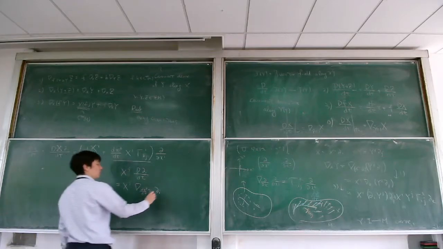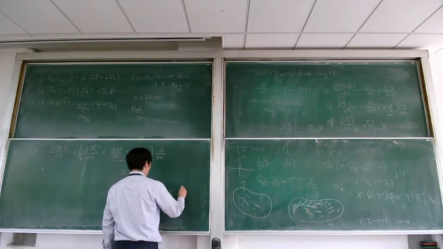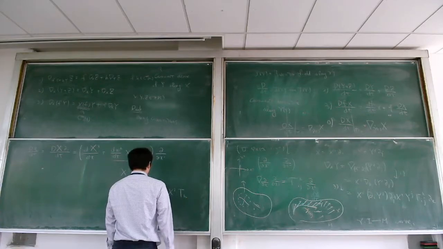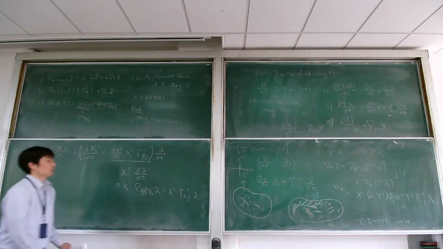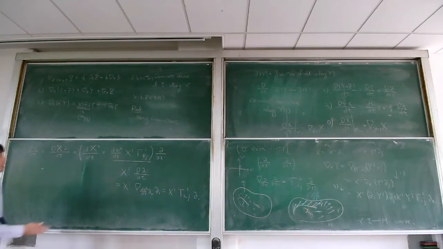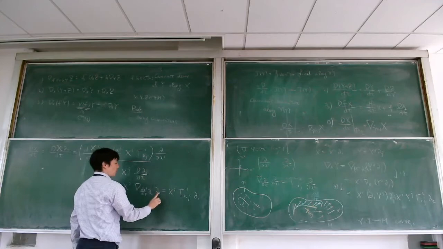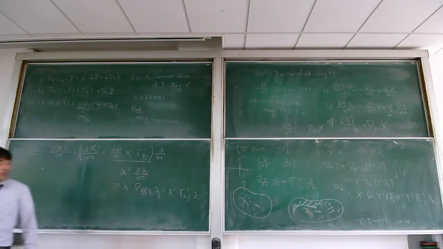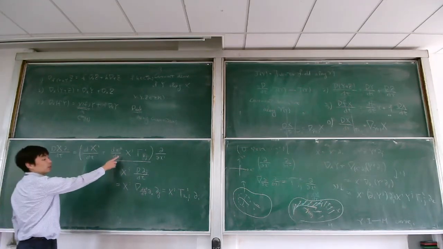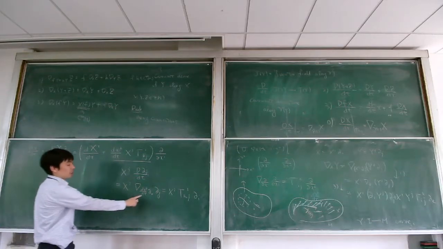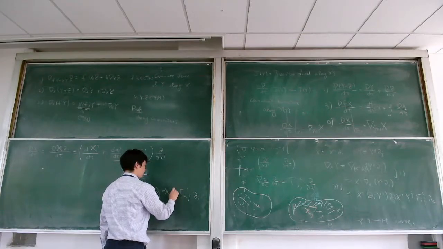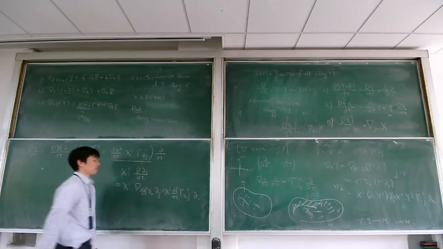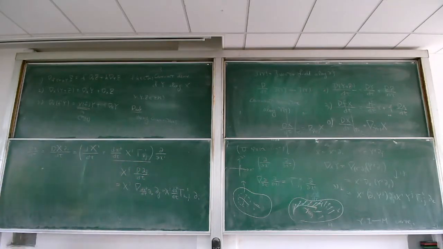So this is equal to X^j Gamma^i_kj partial_i. I think this should be j, sorry. And that's the second term you obtain. You should correct me if I make mistakes.